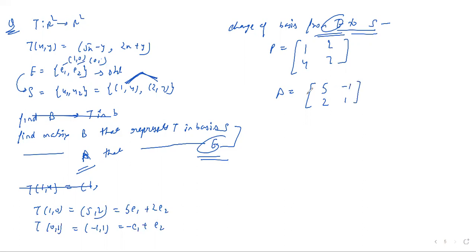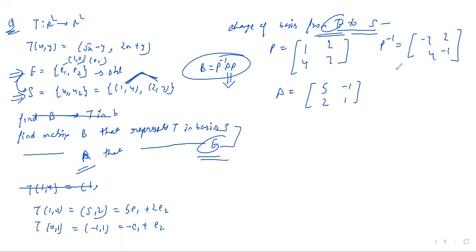Now we have to find the matrix B that represents T in basis S. For finding that, we'll apply the concept that B is equal to P inverse AP, because here my P is the change of basis from E to S, and A is the matrix that represents T in basis E. So I have to find the P inverse of P. That will be P inverse equals minus 7, minus 1, 2, 4.